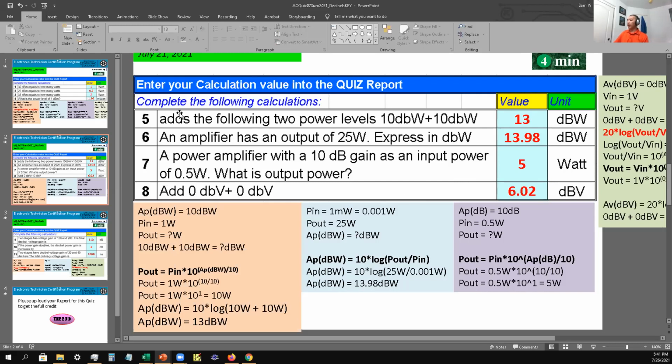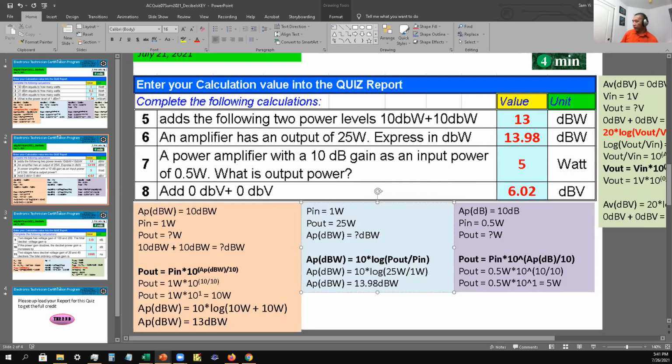And then number 6, an amplifier has an output of 25, expressed in dBW. So we know the output is going to be 25. They want dBW, so your reference is going to be 1 watt. So this one is referenced as 1 watt, so this is going to be 1.